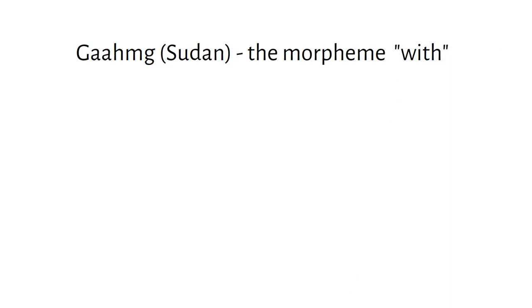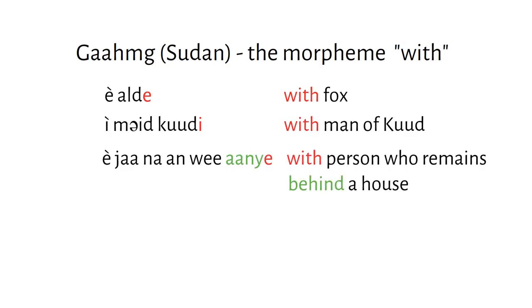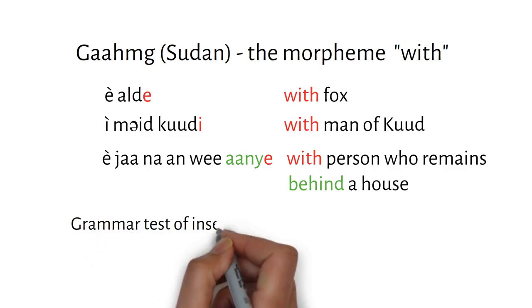Let's look at what "with" is next to. We have with fox, with man of Kood, with person who remains behind a house. In the first case, with is a and next to the word fox. In the second, with is e and is next to the word Kood. In the third case, with is a and is next to the word behind. It is always at the end of a whole phrase.